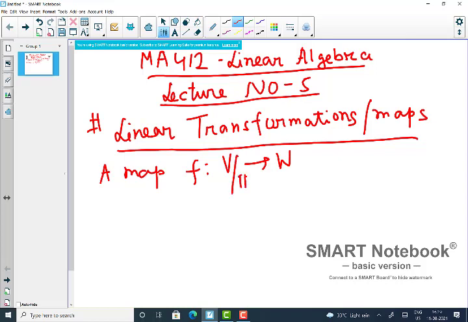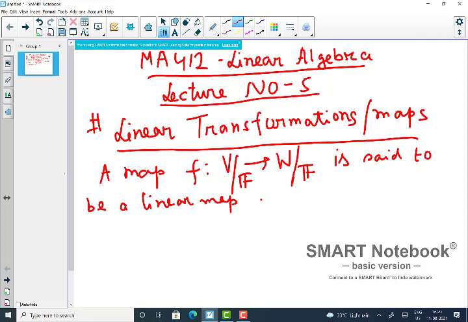So let me write down V over F, same field. So a map F from this V over F to W over F is said to be a linear map if the following holds.